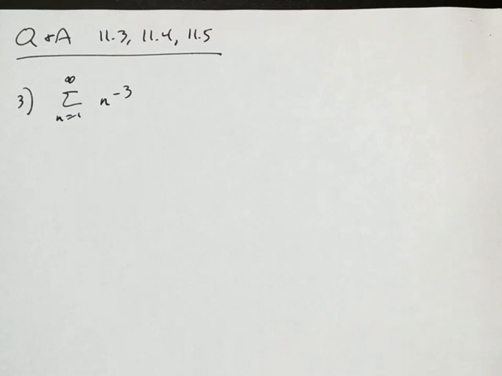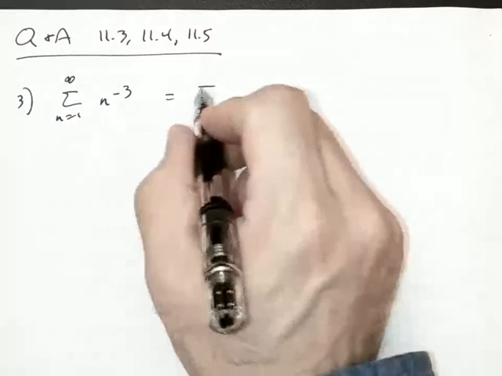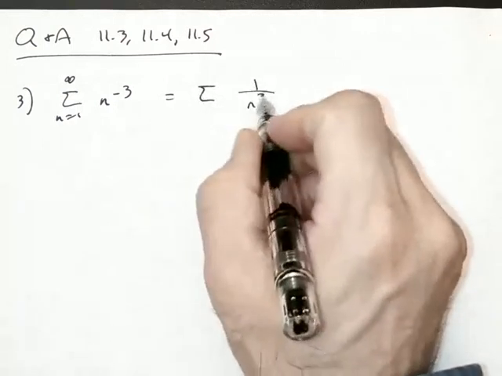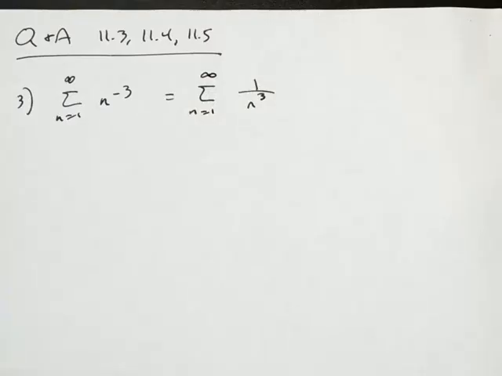But even before I do the integral test, I know I can rewrite this. So I know what the answer is supposed to be. Let's use the integral test to check it.